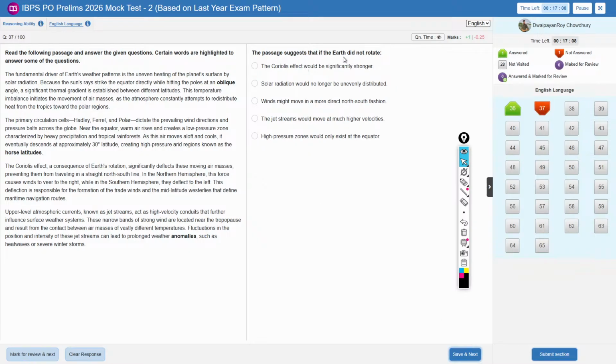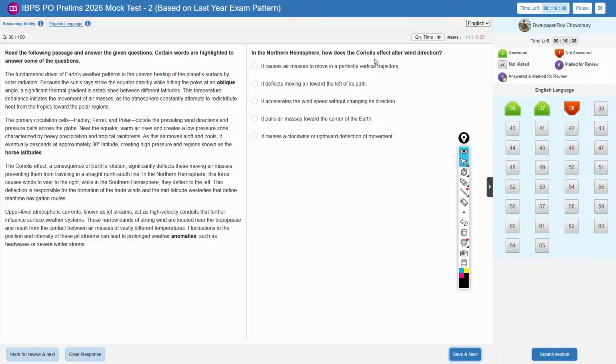If Earth did not rotate, the effect would be significantly stronger. Solar radiation would no longer be uneven. Wind might move in a more direct north-south fashion. In the northern hemisphere, how does the Coriolis effect affect wind direction?